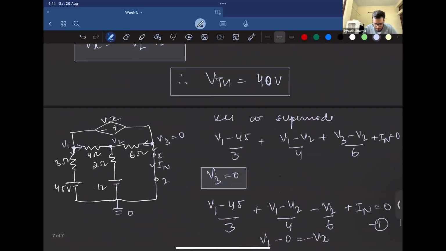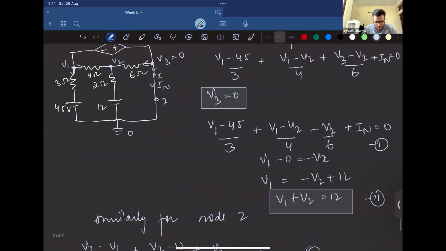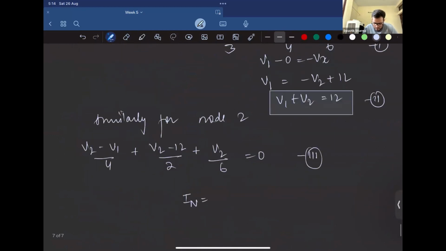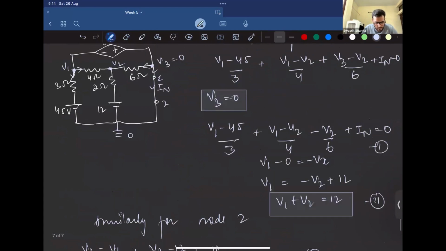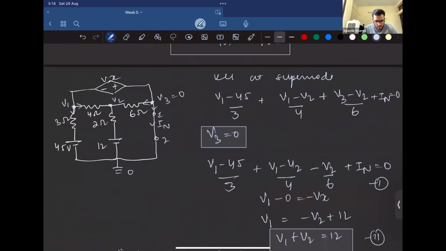So did you get IN? Okay, let me solve it. 1 over 3, 1 over 3, 1 over 4, minus 1 over 4, minus 1 over 6, and V3 has 1 over V3, 0.